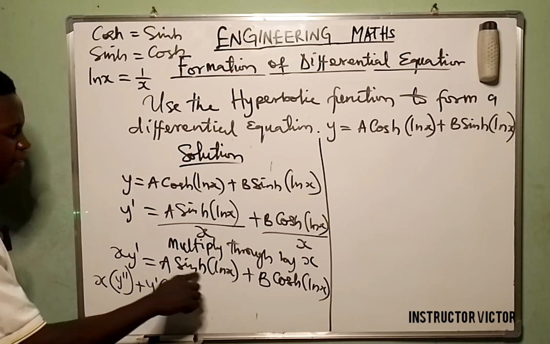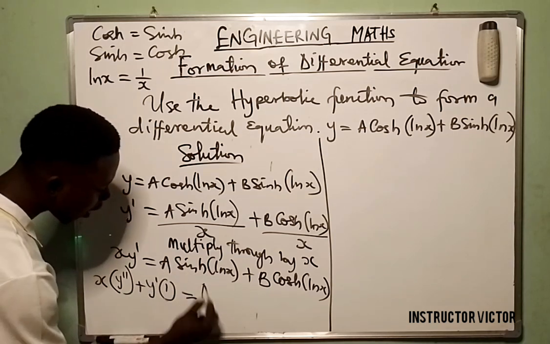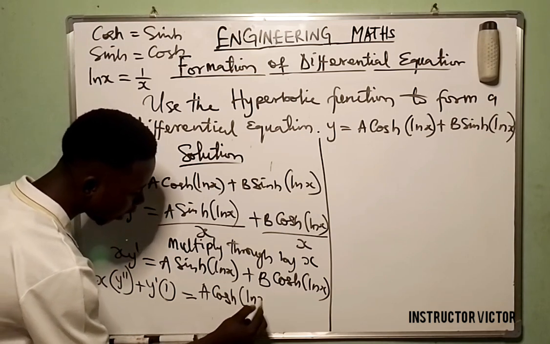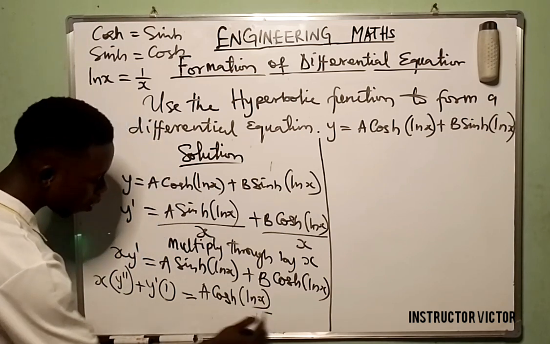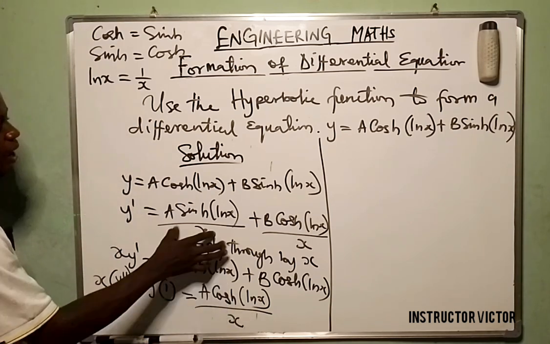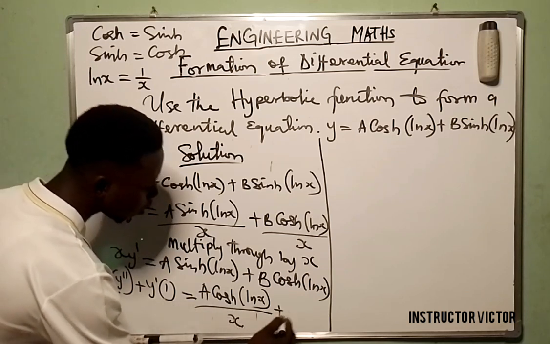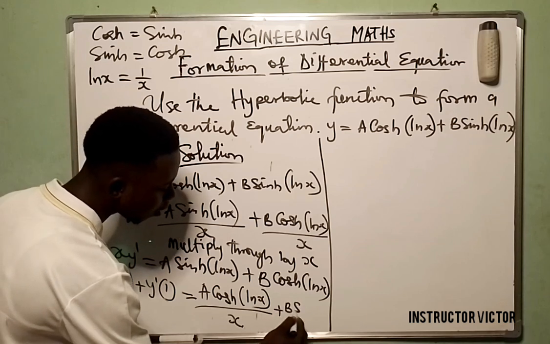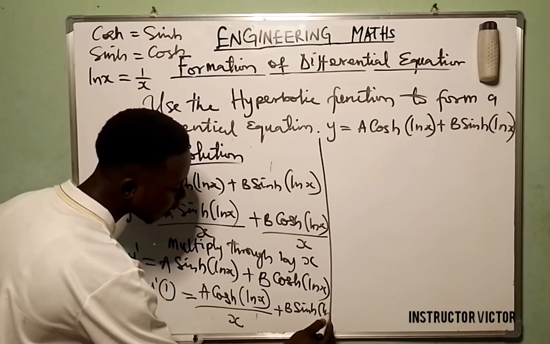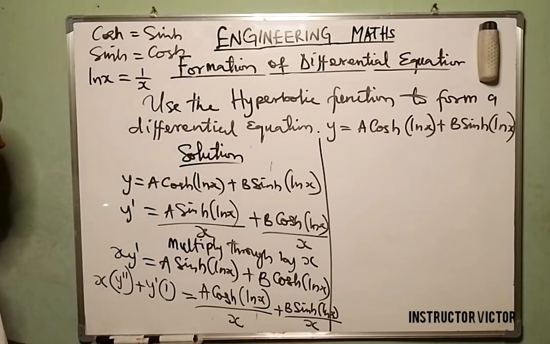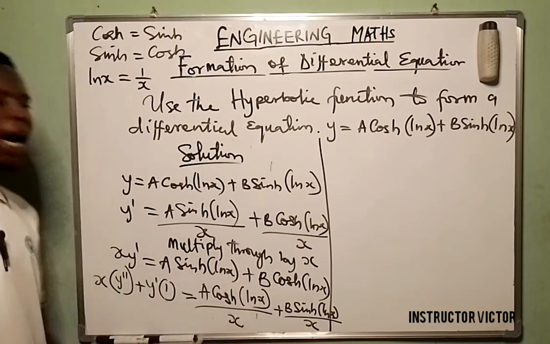Now, if you differentiate a sin ln x, you are going to have a cos ln x all over x, because you are still going to differentiate ln x as I did here, plus when you differentiate cos ln x, you have b sin ln x all over what? x. And then what are we going to do again? Let us multiply through by x.